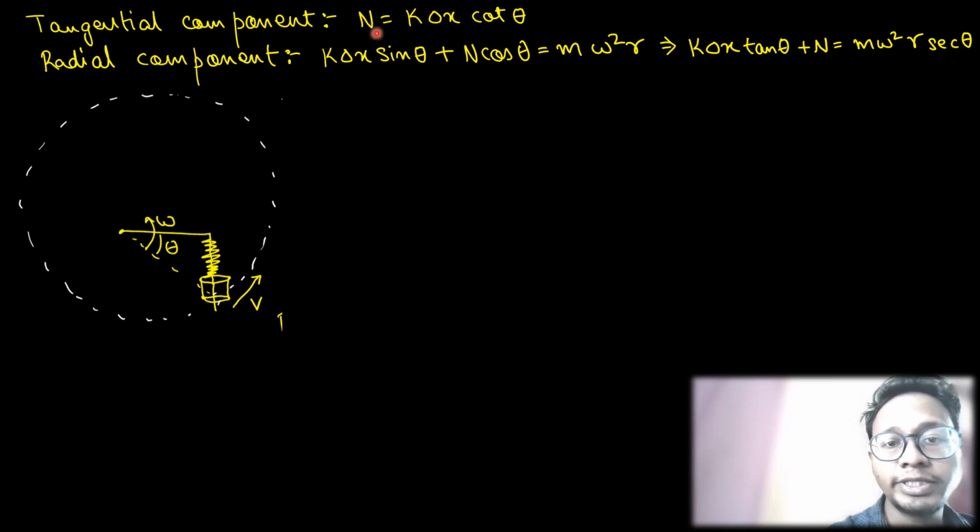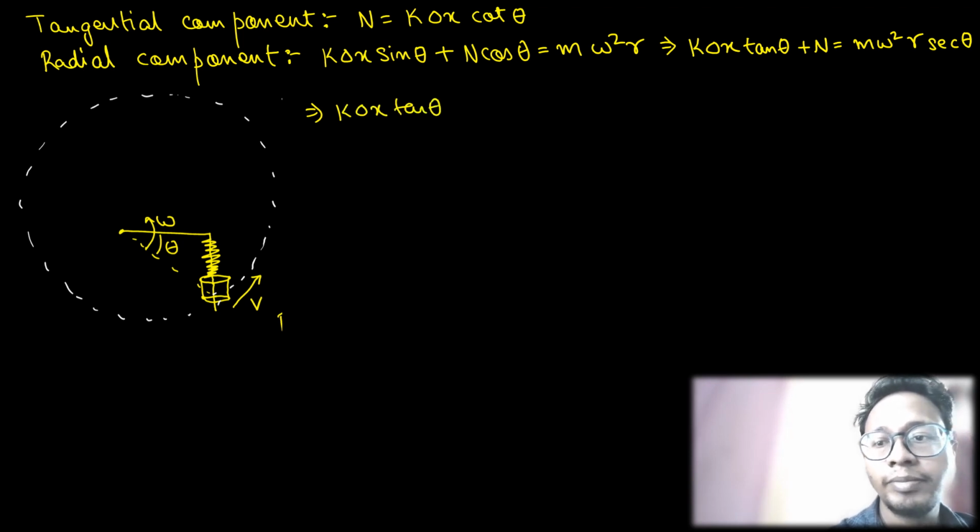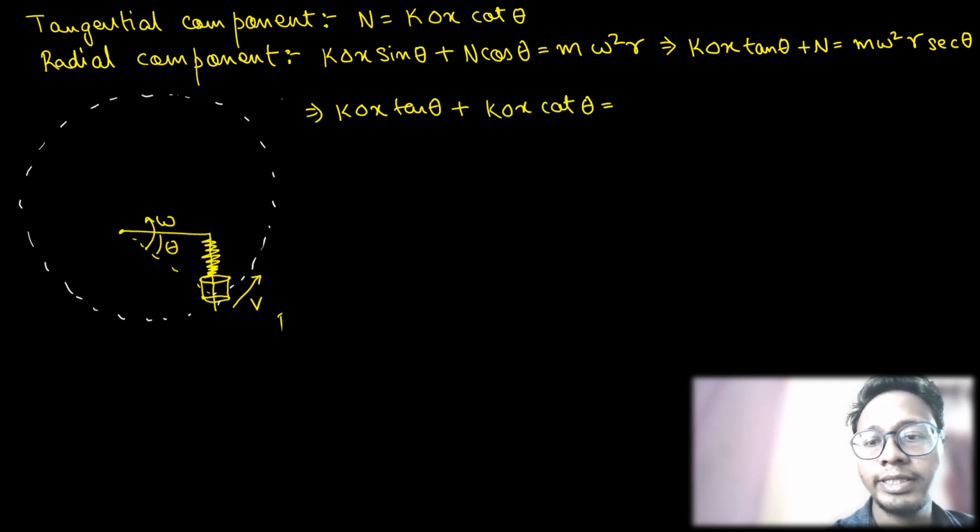Now what we'll do is we'll substitute the value of N out here. So K delta X tan theta plus, what is the value of N? K delta X cot theta is equal to M omega square R sec theta.